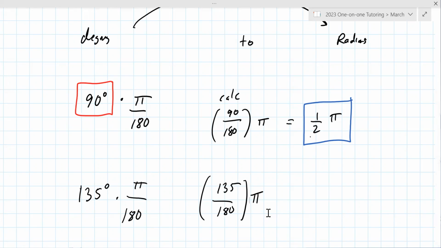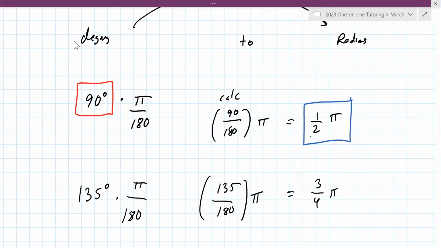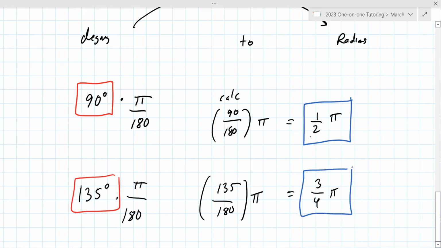That's 0.75 in degrees, and 0.75 in radians. So it does not matter. Then that would be 3/4 pi, and that's the radian instead of degree. That's right.